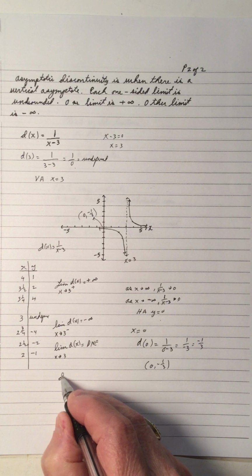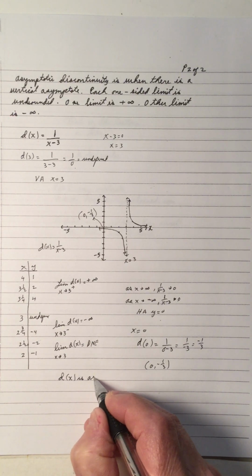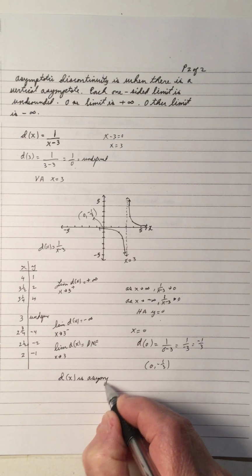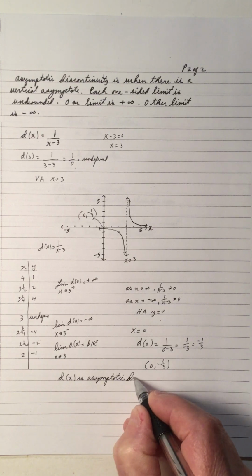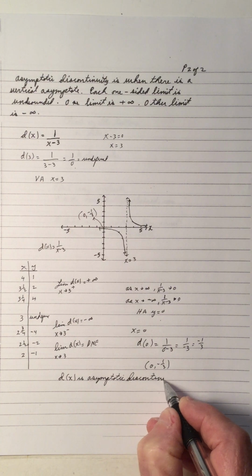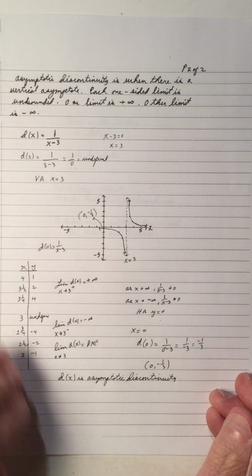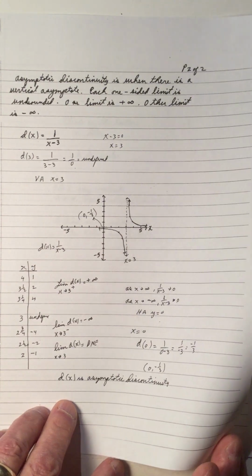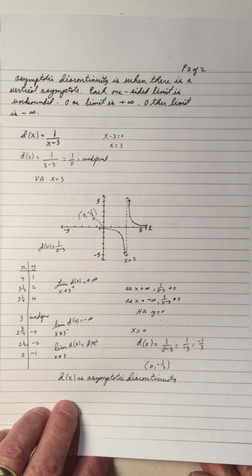So this example, d of x, is an asymptotic discontinuity. Take time to spell that out, just be careful. So I've reviewed the 3 types of discontinuities. One was removable, second was a jump, and this was asymptotic.